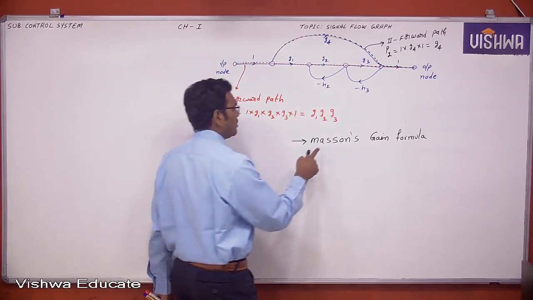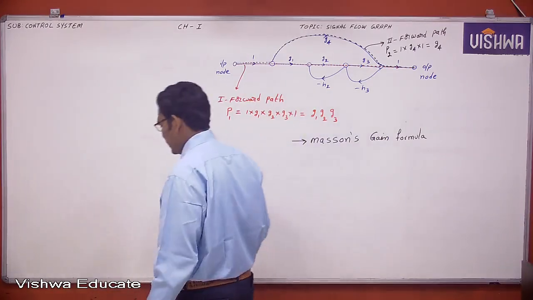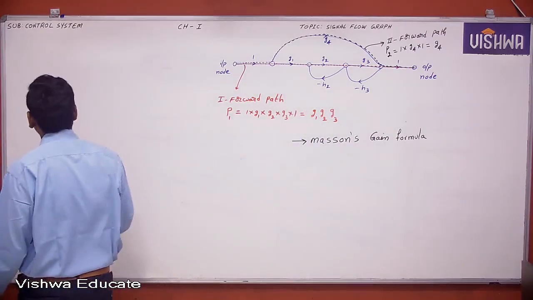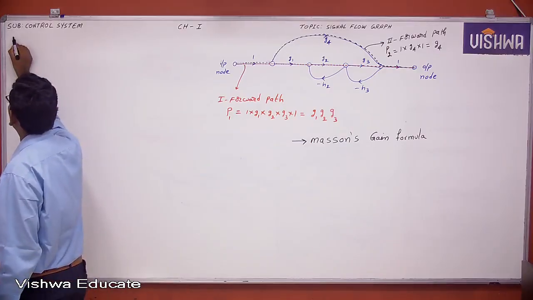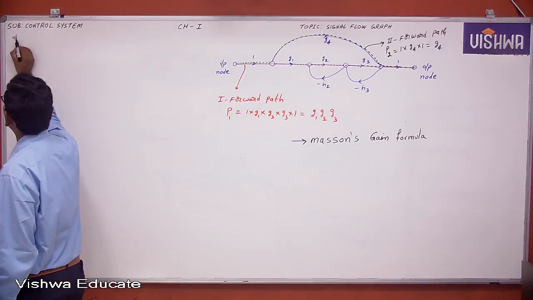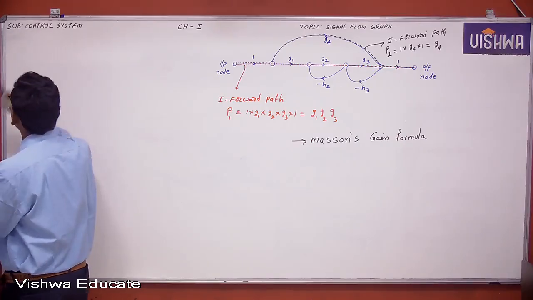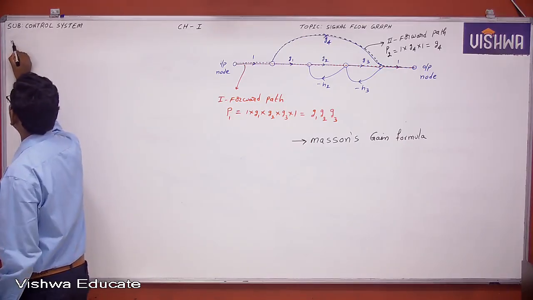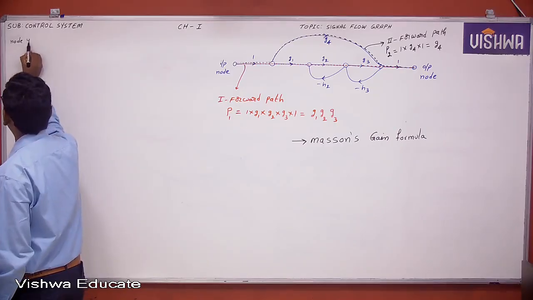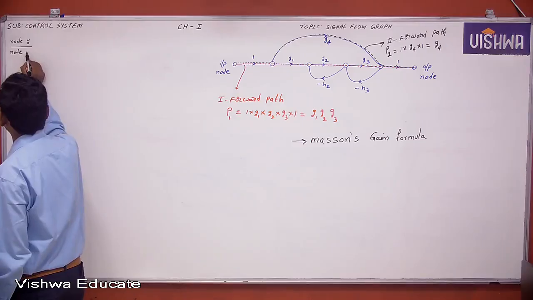Okay. So what is the Mason's gain formula? Let us take any two nodes, node Y and node X. Y means whatever you want, X means whatever you want, any two nodes ratio.